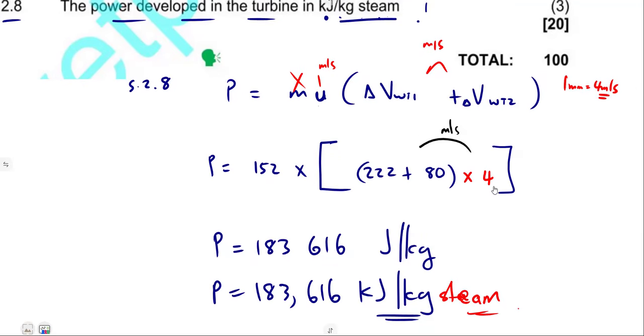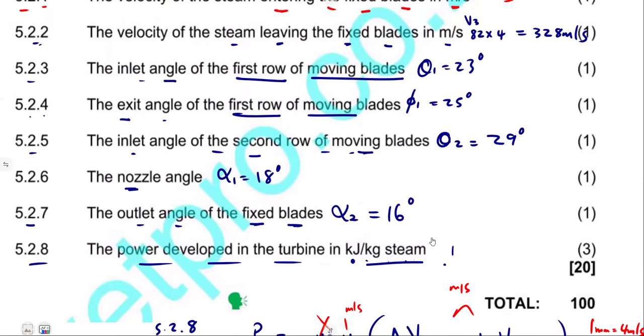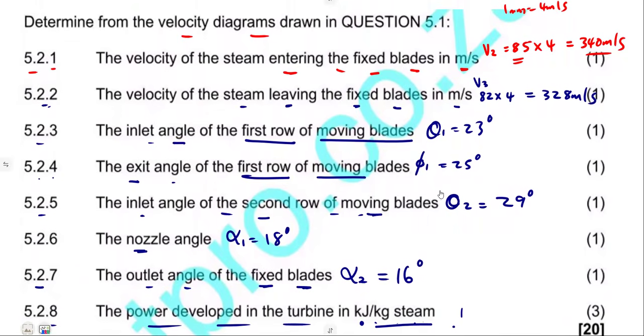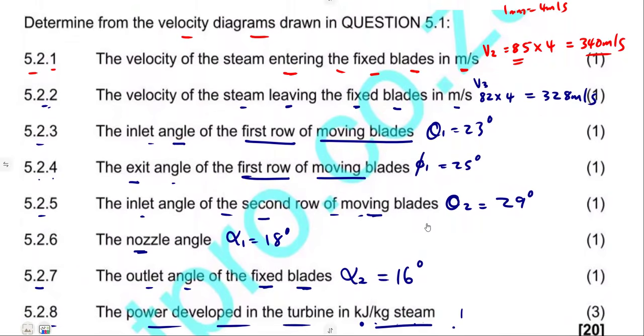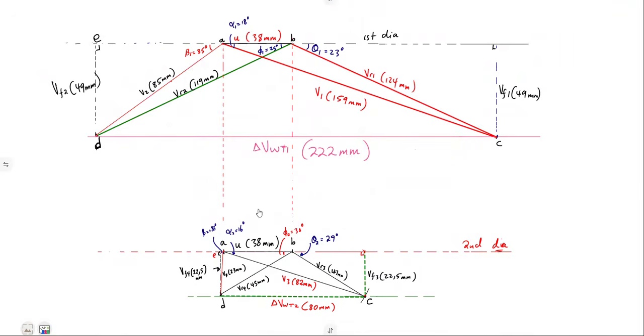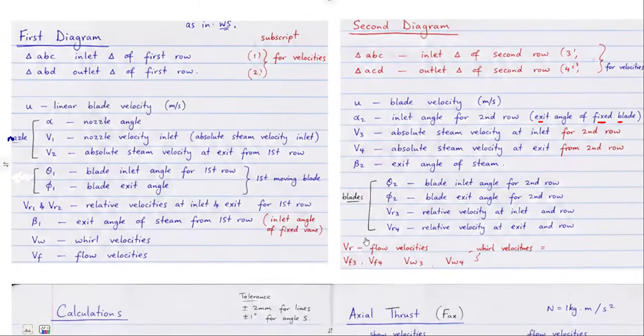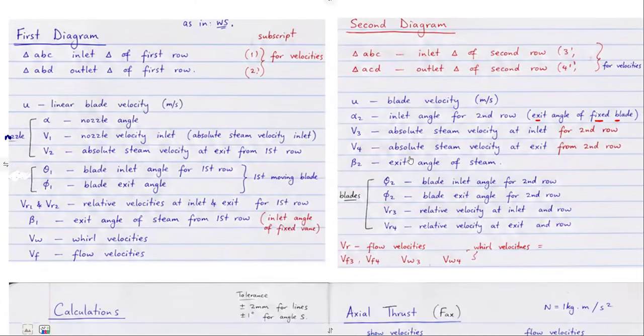So you see, guys, after the diagram, the rest is just taking from the diagram. As long as you understand your diagrams and this information, you are done. So remember all this with what we had before about the first diagram and the second diagram.